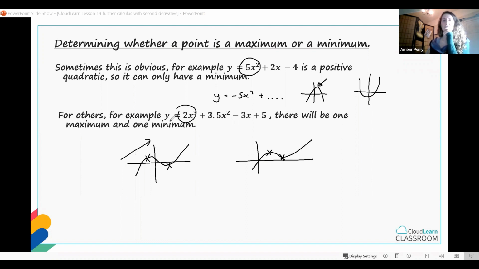And then if you had a negative cubic, and a negative cubic would be like y equals minus 2x cubed plus and all the rest of it. Negative cubics are the ones where the graph goes the other way. So the graph goes like that. I don't know why I'm finding that hard to draw.